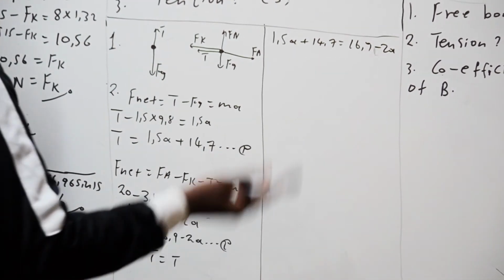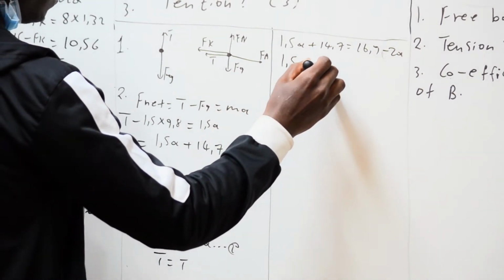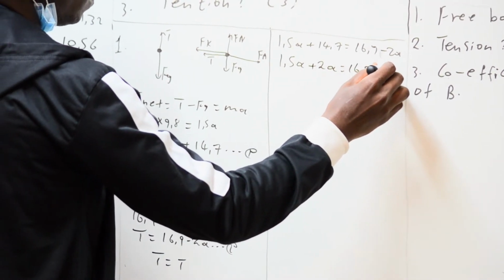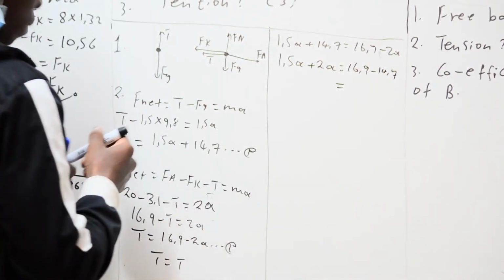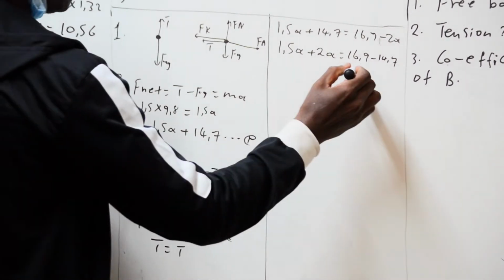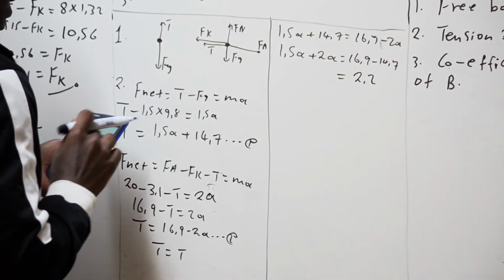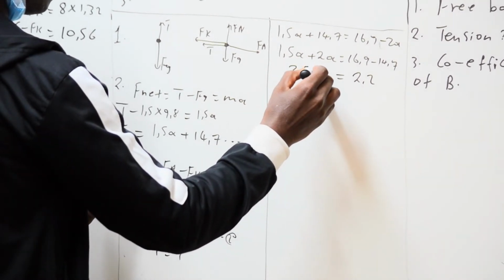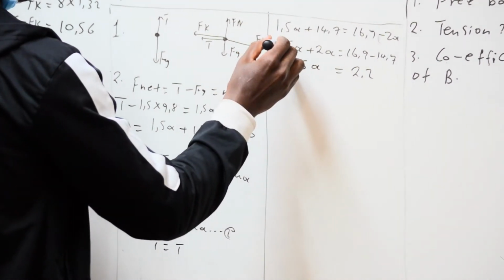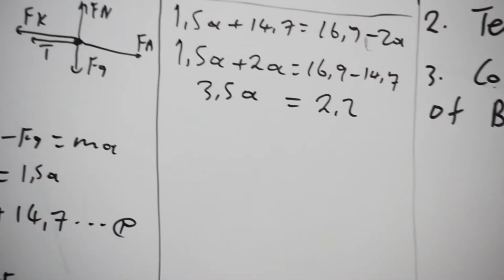Now put the a terms together and the numbers together: 1.5a plus 2a is equal to 16.9 minus 14.7. So 16.9 minus 14.7 is 2.2. Then 1.5 plus 2 is 3.5. Know that when you are quick, it's easy to make a mistake. If I can make a mistake by just forgetting, that means you are likely to make a mistake.